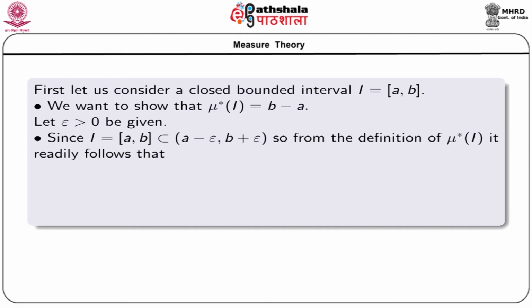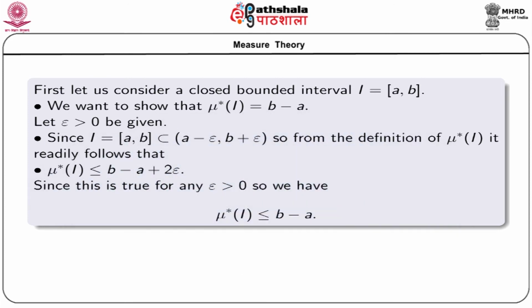So, a minus epsilon, b plus epsilon is an open interval containing closed interval a b, and from the definition of Lebesgue outer measure of I, it now readily follows that mu star of I should be less or equal to the length of this particular interval, which is the number b minus a plus 2 epsilon.